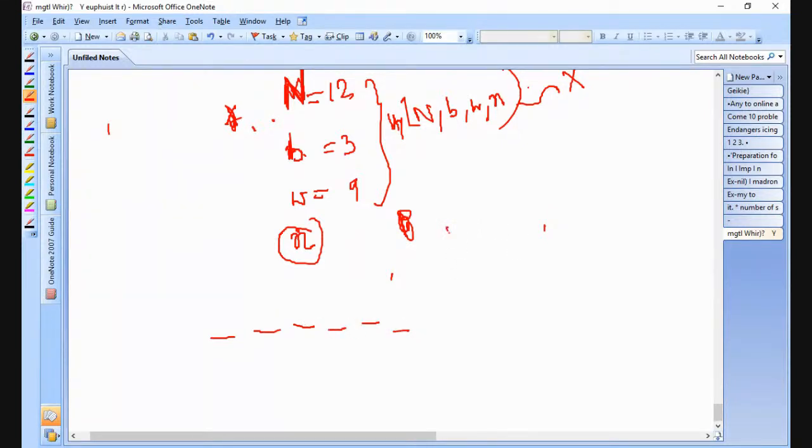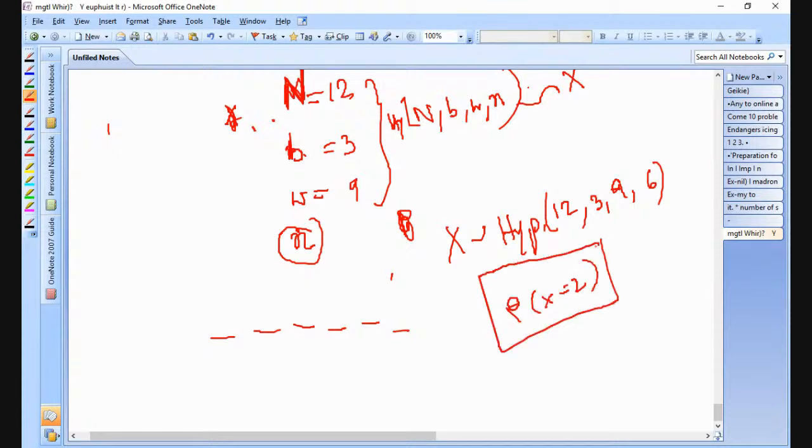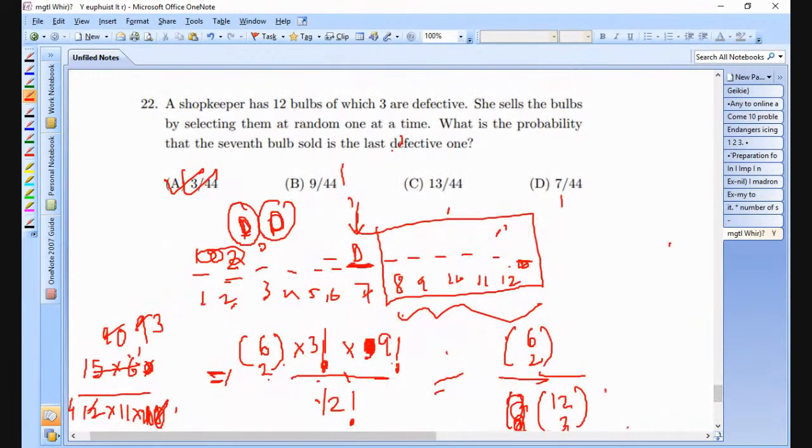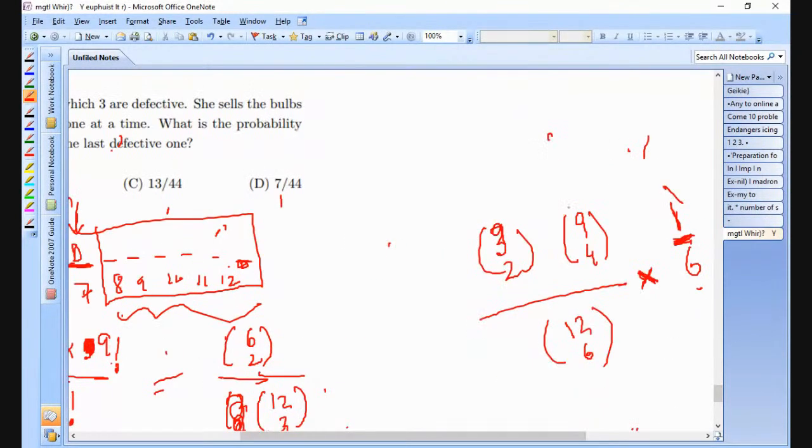So X follows hypergeometric with 12 balls, 3 black, 9 white, and n equal to 6. We need to find probability X is equal to 2. So this will give the initial probability that Sneha has given over here.